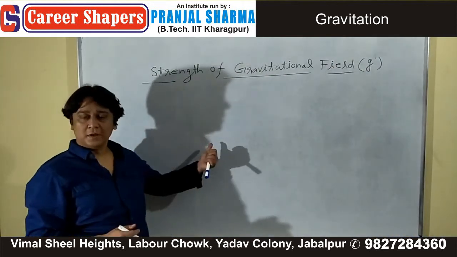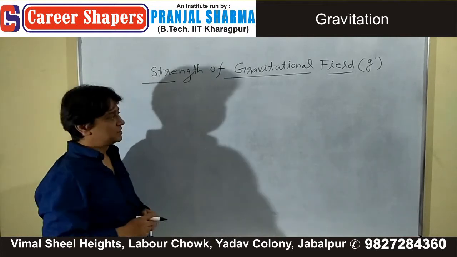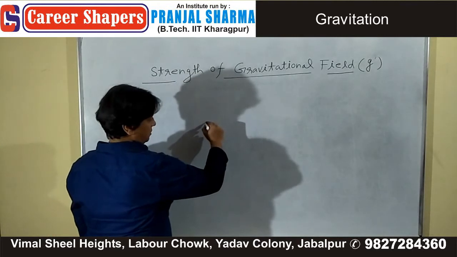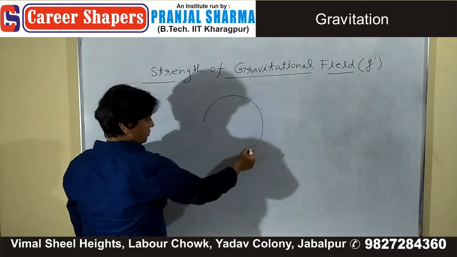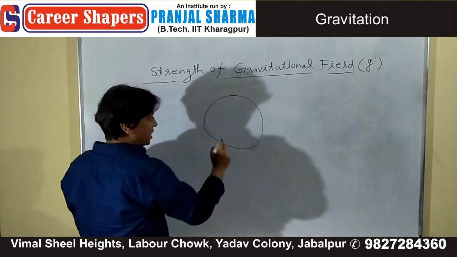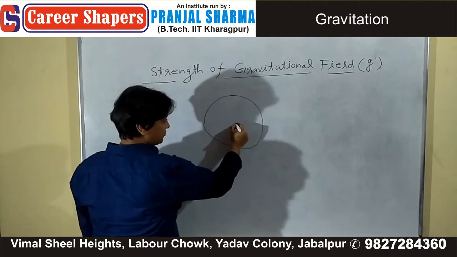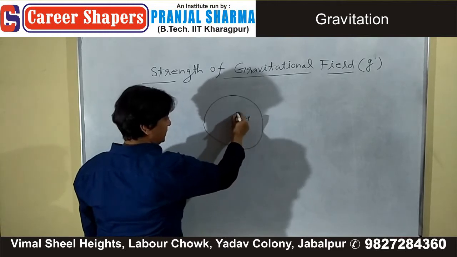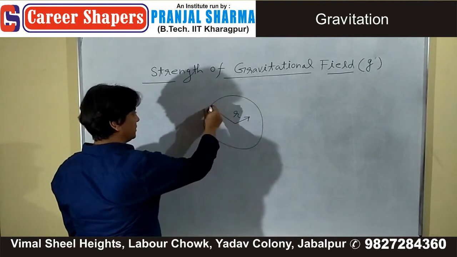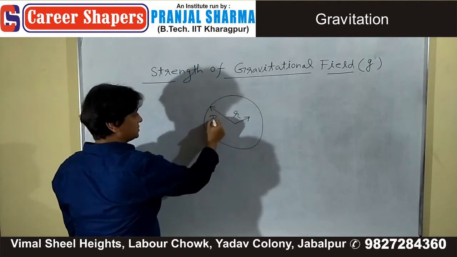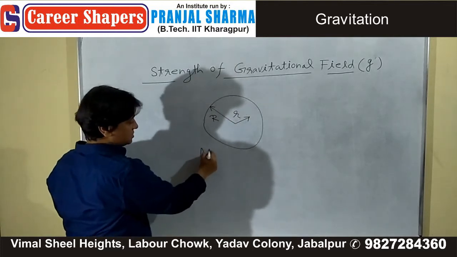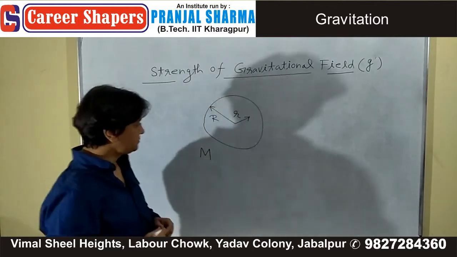Now, let's see how we can find gravitational field strength inside a solid sphere. We have a solid sphere and we need gravitational field strength at some distance r from it, from the center. This is capital R. Total mass of the sphere is m.